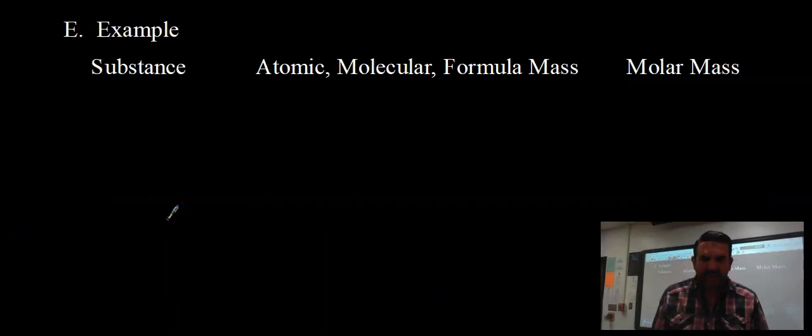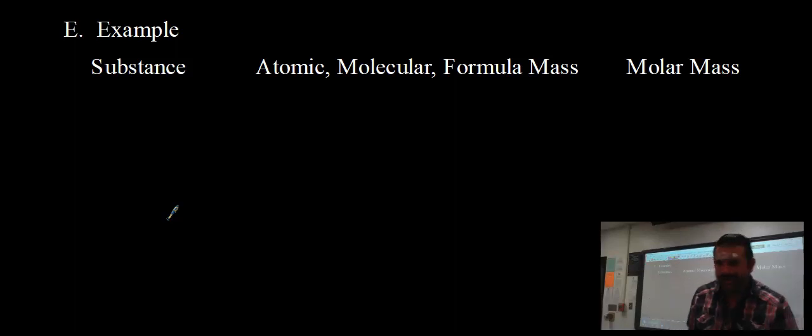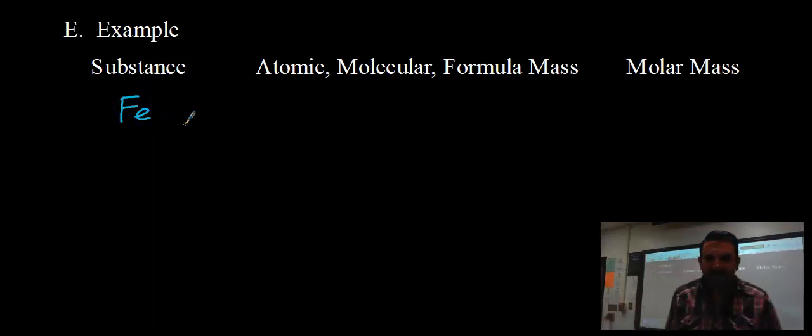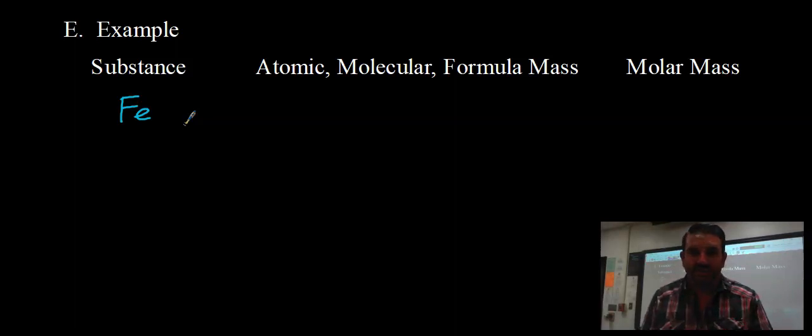All right, let's take a look at an example. We're going to make a table here at the bottom of the page. Let's start off with iron. Now it says atomic, molecular, or formula mass. So in the case of iron, it is an element. So go ahead and go to the periodic table, find the atomic mass of iron. Pause the video if you need to.